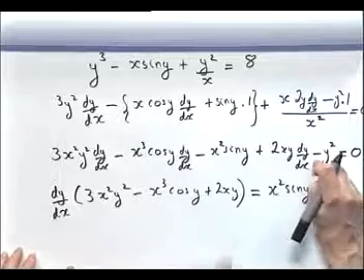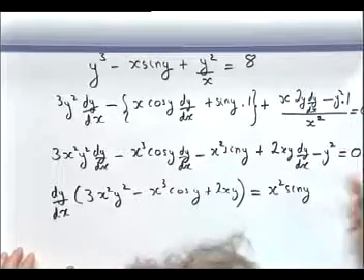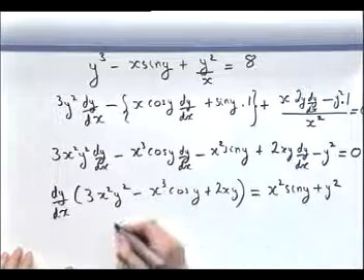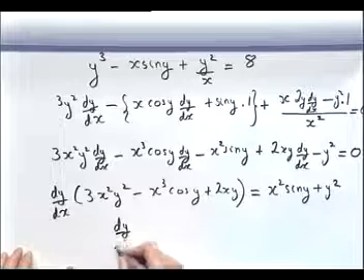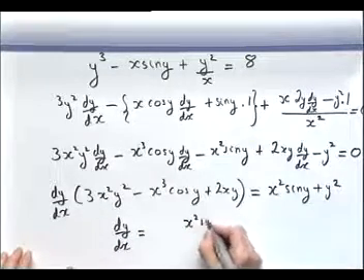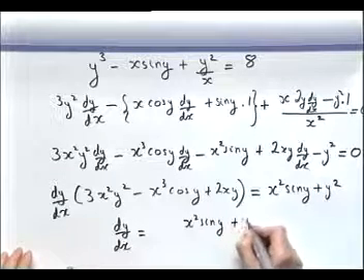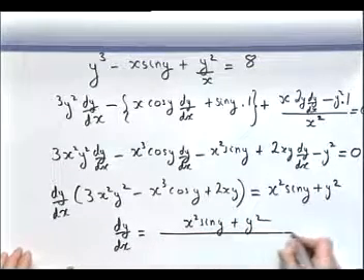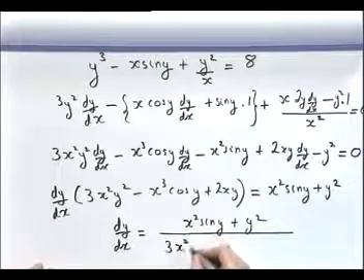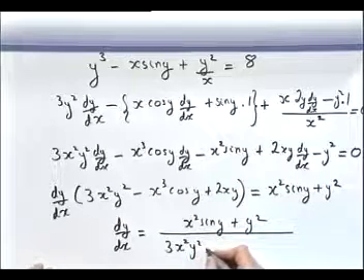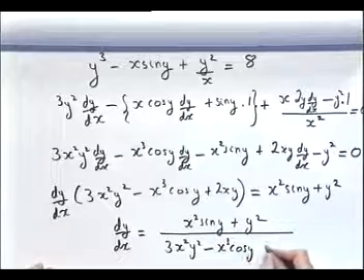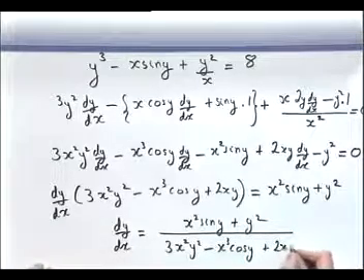And here I've got minus y squared. Again, I think I want to add that to both sides, so I get plus y squared over there. And now dy by dx is equal to x squared sine y plus y squared in the numerator and dividing by this expression as the denominator: 3x squared y squared minus x cubed cos y plus 2xy.